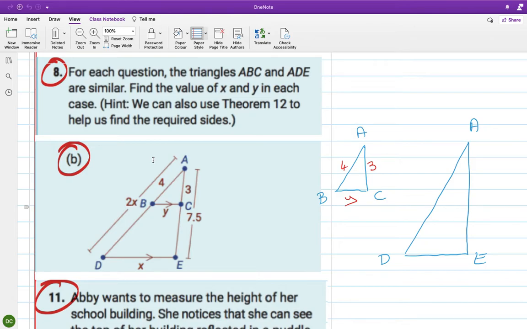So this is 2x, this is 7.5, and this is x. Okay, and they want us to find x and y.